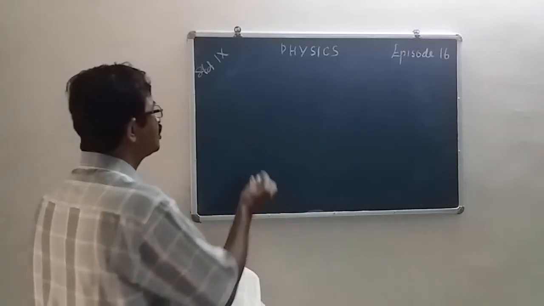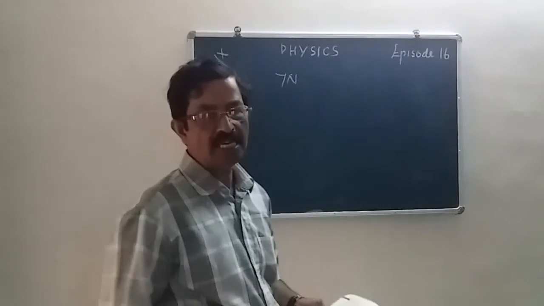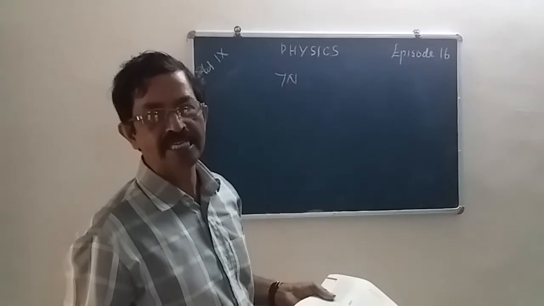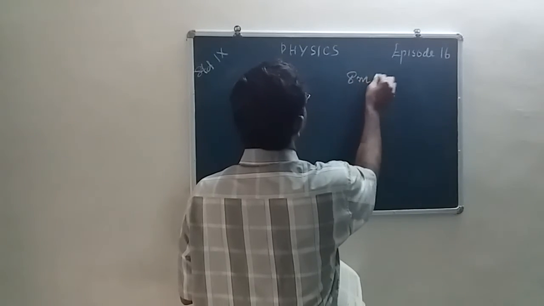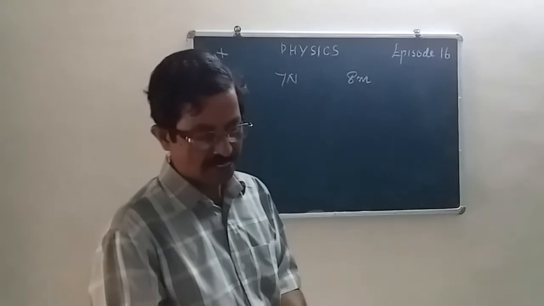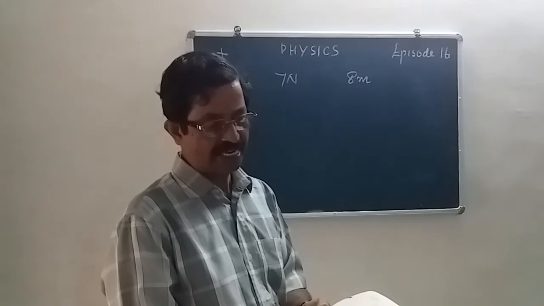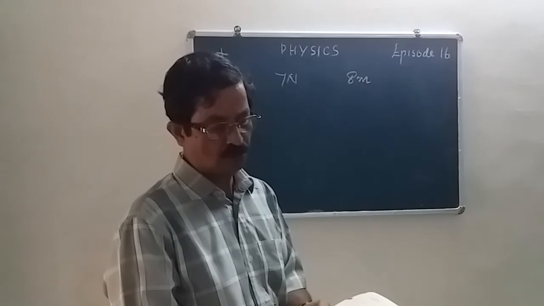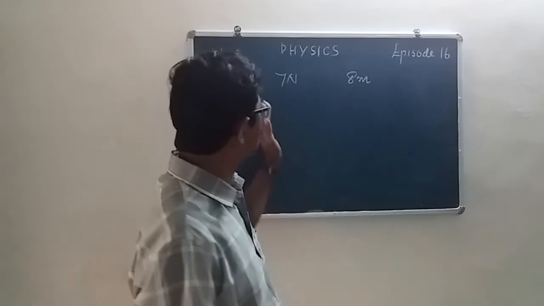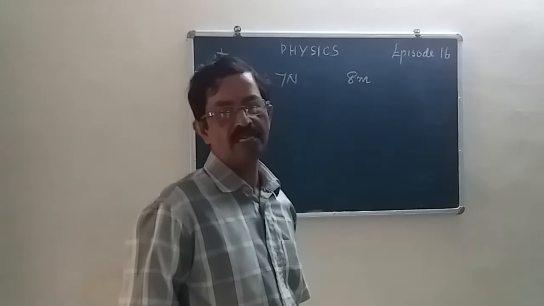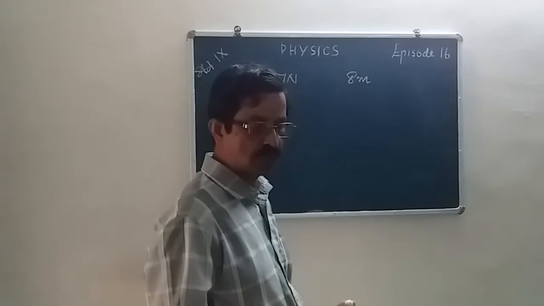A force of 7 Newton. And this force makes a displacement of 8 meter. That means through the displacement, this force is constant. We want to calculate how much work is done by this force.